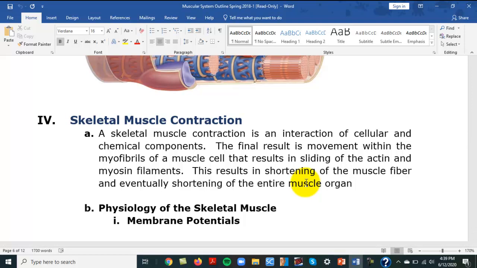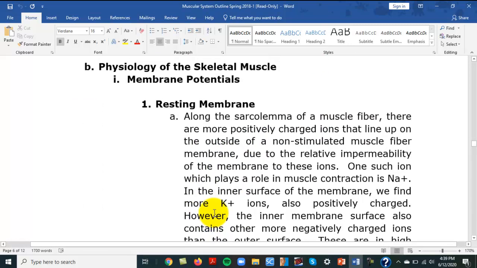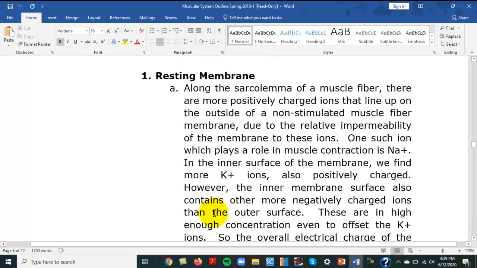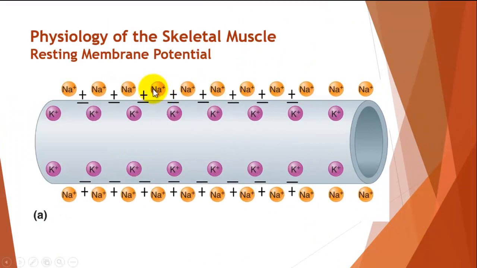The chemical part has to do with neurotransmitters, and the cellular part is all the parts we just went through. Okay, a resting membrane. So now we're talking about a muscle fiber that's in a resting state. It's not contracting. On your PowerPoint that I gave you, this is the resting membrane potential of a muscle.